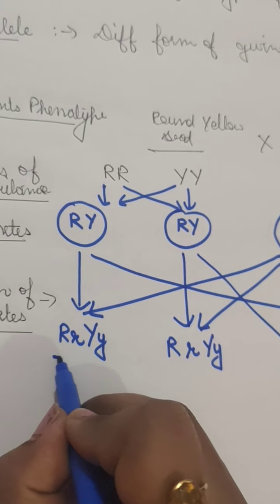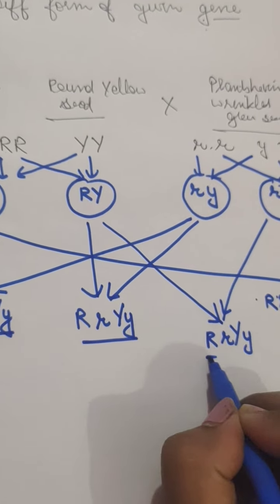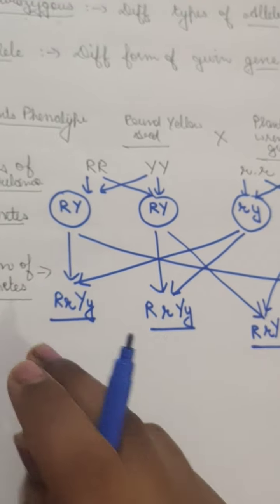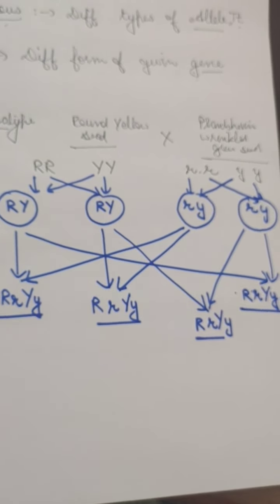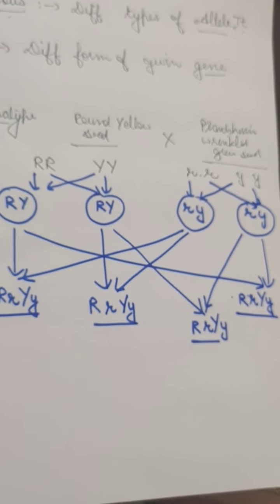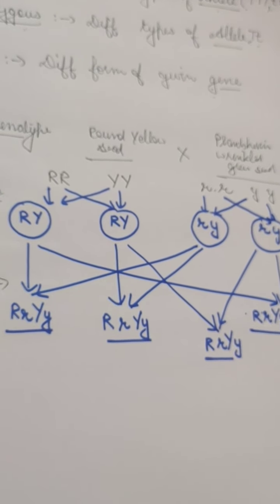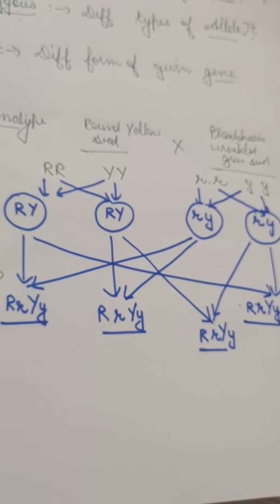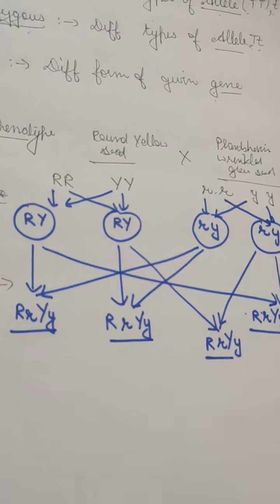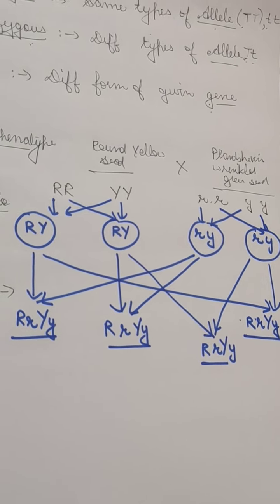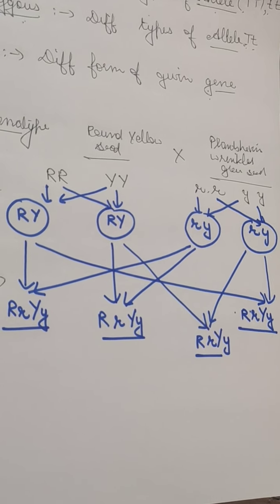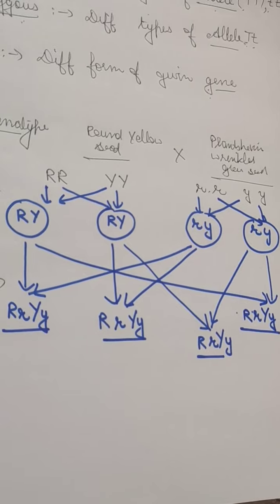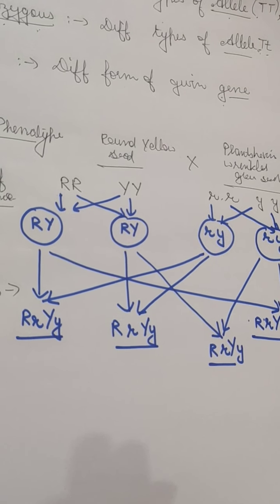So we can see here all the seeds will be dominant. Capital R is dominating and capital Y is dominating in all the cases. We will not see any character of a wrinkled seed or green seed, because the recessive genes will show their characters only when both are of the same type.